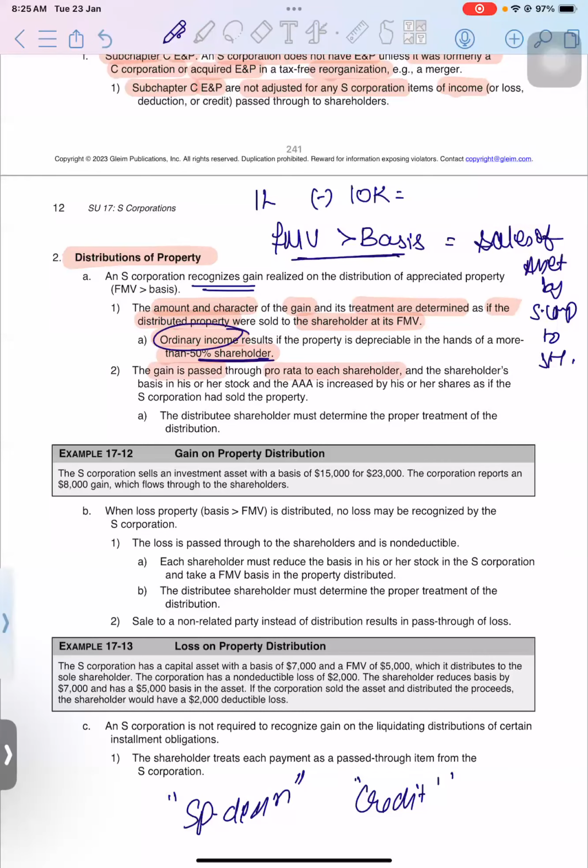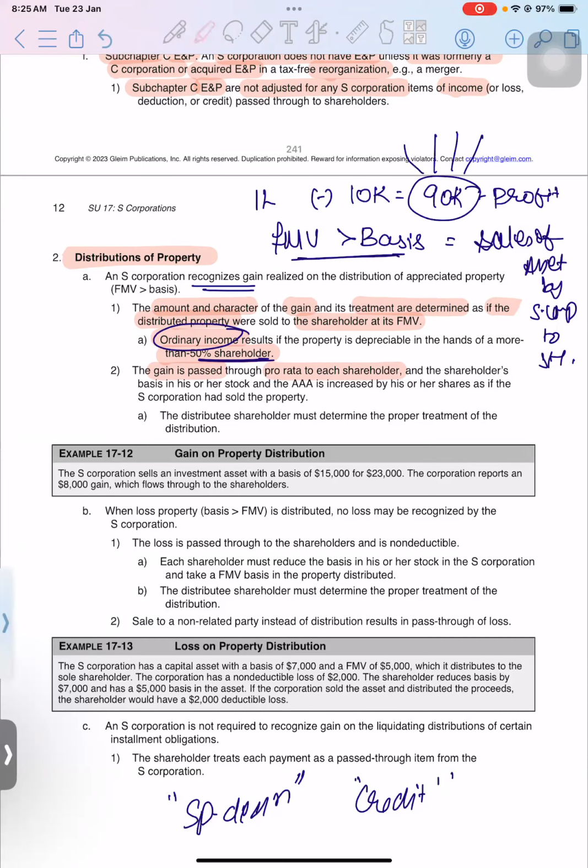No, it's just a normal distribution. But for S Corporation, it will be considered as a sale. So take the difference between FMV and the basis, that is 90,000 is the profit, or I can say gain, which is realized. This 90,000 gain realized will be first allocated to all the shareholders in the S Corporation.